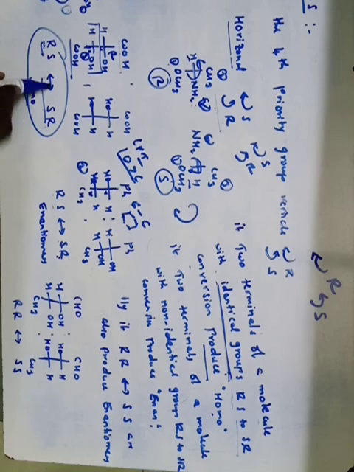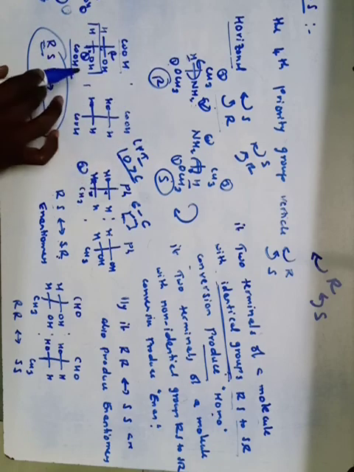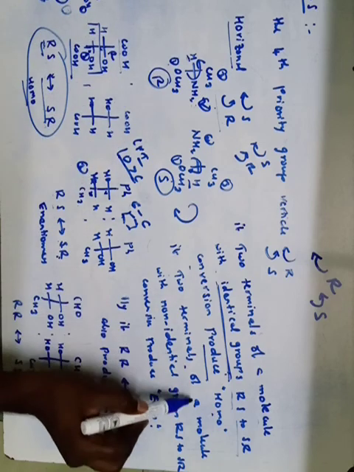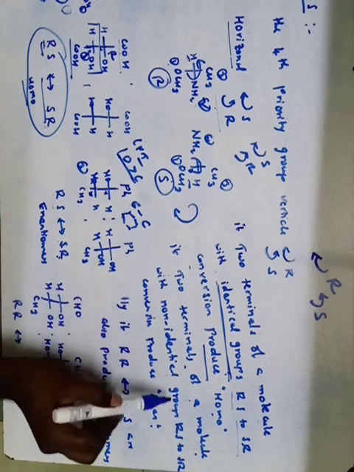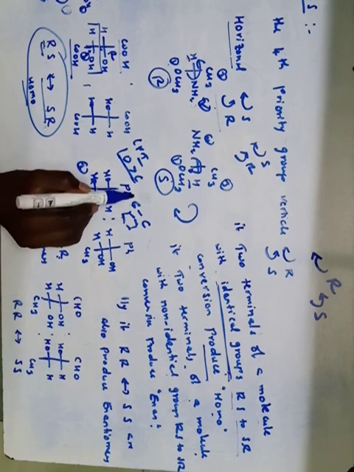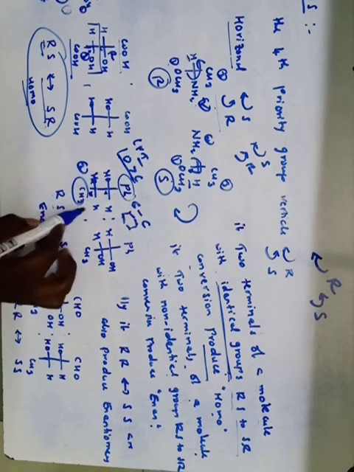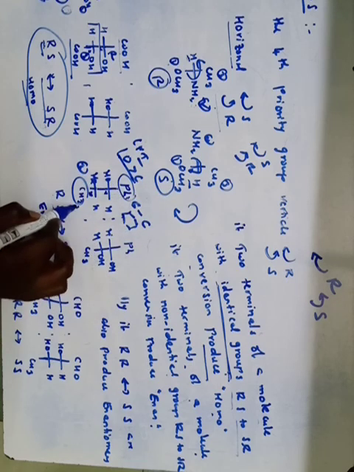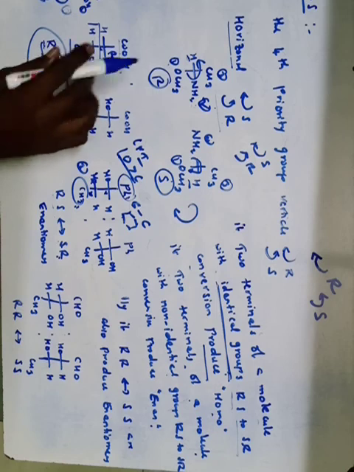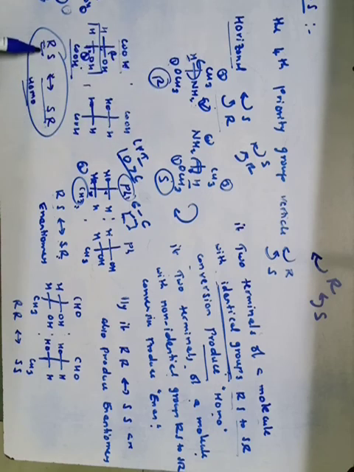Similarly, if the two terminals of a molecule have non-identical groups, here see, these are the two terminals with non-identical groups, whereas here they are identical groups. If identical groups are there, RS to SR is a homomer, you have to remember.